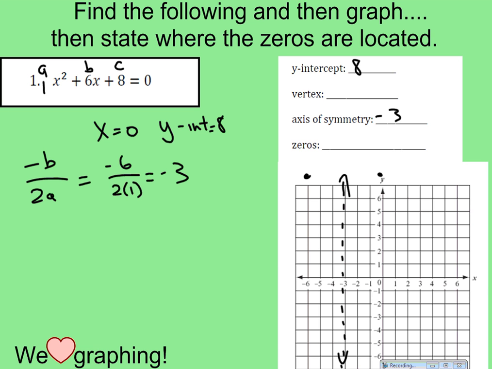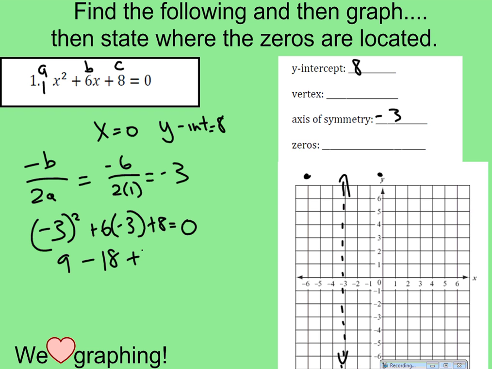So now, if I put my axis of symmetry in for x, I'm going to get 9 minus 18 plus 8, which is not equal to 0, that's going to be negative 1. So the vertex is going to be at negative 3, negative 1. There's my vertex.